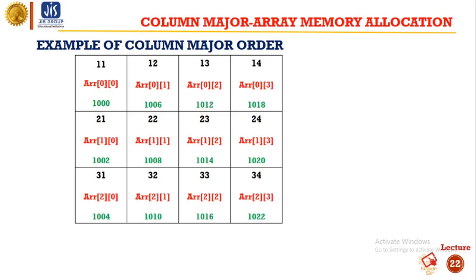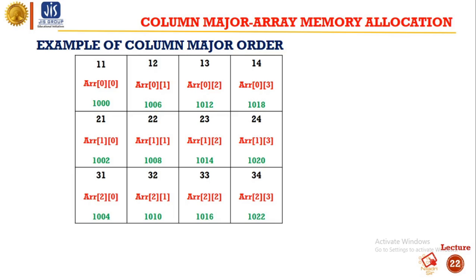ARR20 means second row, 0th column, and so on up to the last element. So this is how it will work.